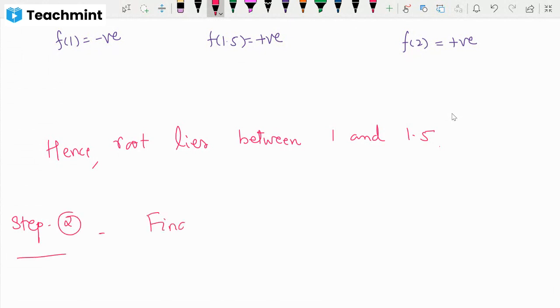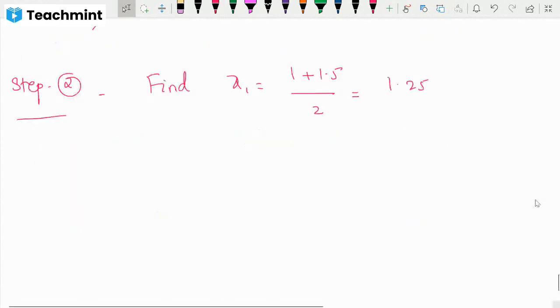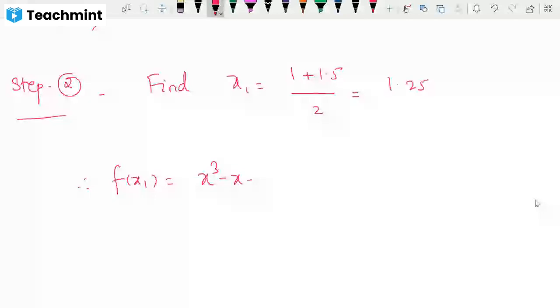Find x1. What is x1? That is 1 plus 1.5 divided by 2, and it is nothing but 1.25. So what is f(x1)? That is x1 cube minus x1 minus 1, which is 1.25 cube minus 1.25 minus 1.